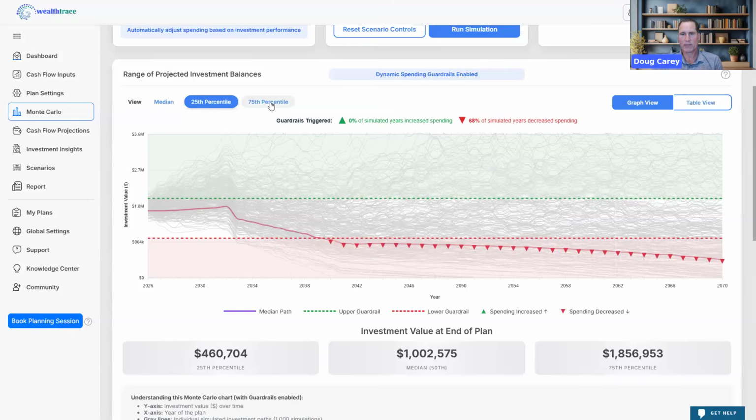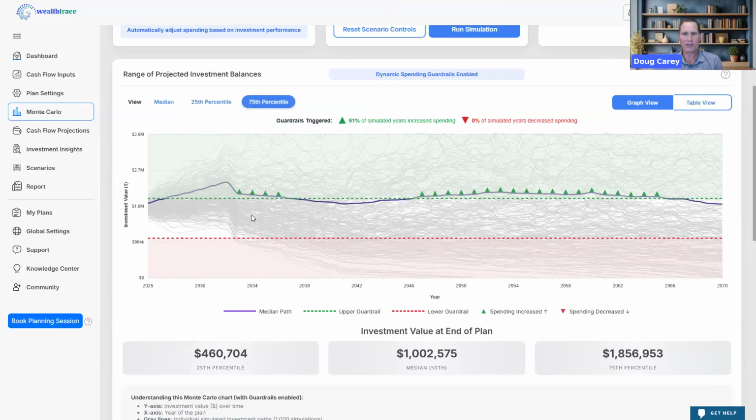Now let's look at something that's a rosier scenario, the 75th percentile path. This is nicer. When they go above this threshold, they get to increase their spending. In fact, they do it about half the time if this is the path that actually occurs in reality.